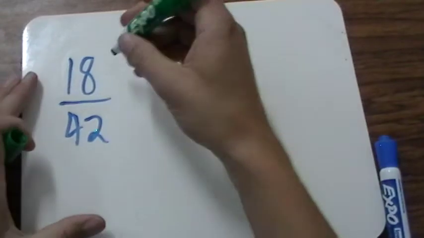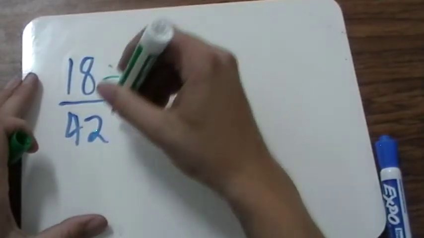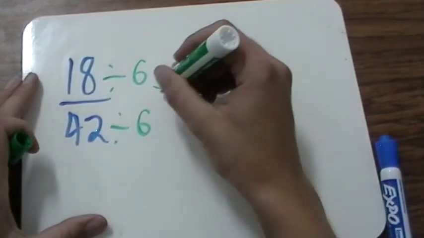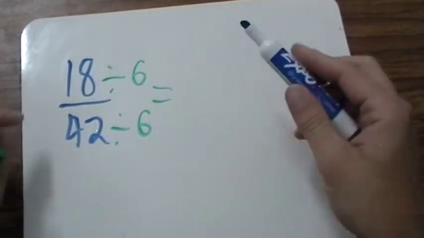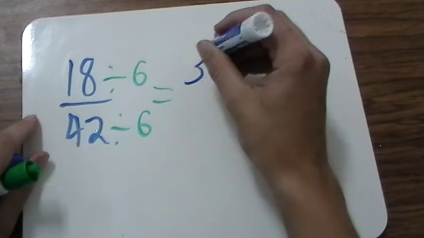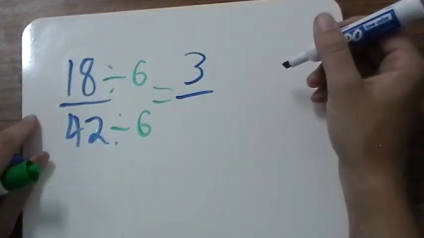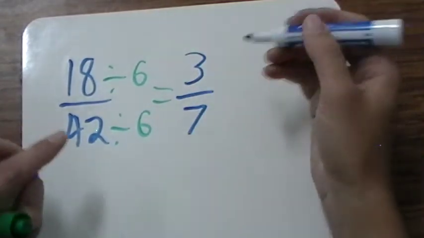Let's try 6. 18 divided by 6, 42 divided by 6. 18 divided by 6 is 3. 42 divided by 6 is 7.